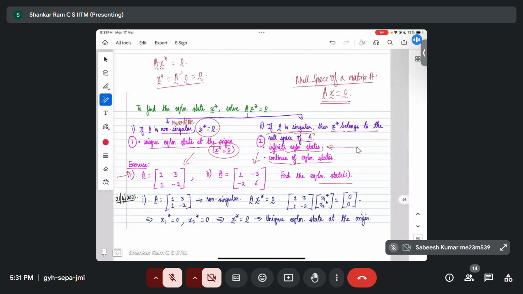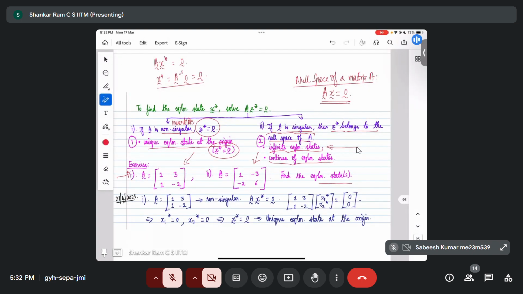Then we have looked at the definition of an equilibrium state, which is one where the system will continue to remain in the absence of any perturbations. That is what will happen within an equilibrium state. These are the two main concepts that we have learned.